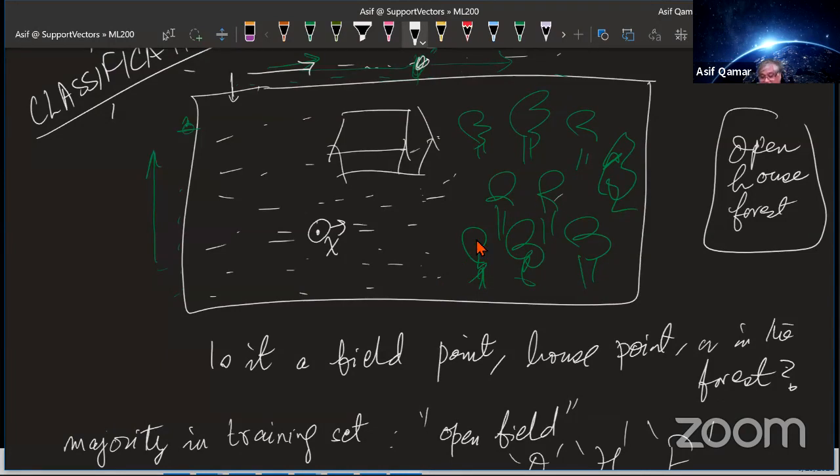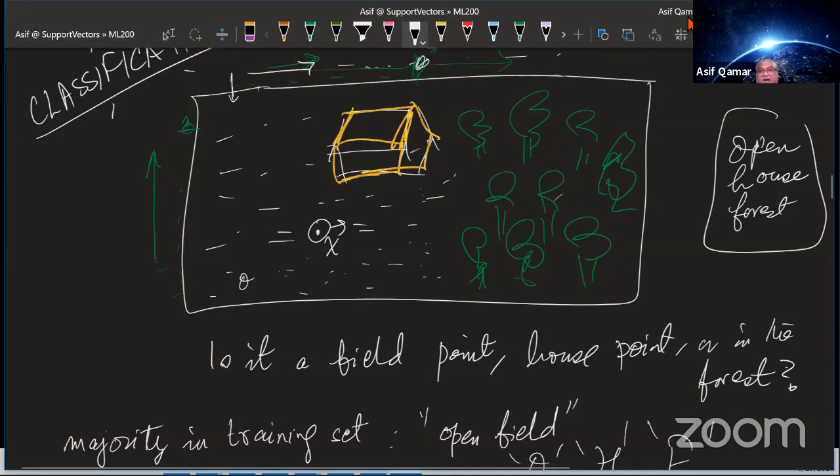Or one way to think about it is that if you look at this entire region and you take the majority, let us say that the majority of data points happen to be white, the open field. And let me color the house with a different color. Let's say that the house is this color. So what would be the majority here? You would look around and say most of your data points, let us say, are the open field.